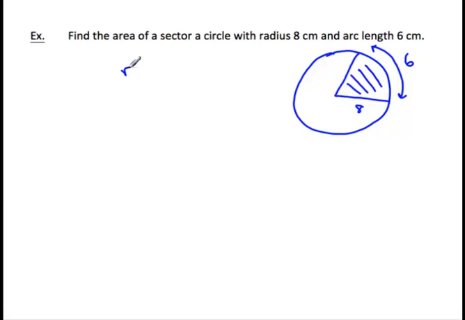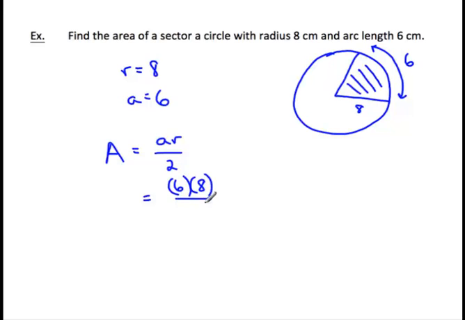So we know that r is equal to 8 and a is equal to 6. And we have our equation which states that the area of the sector is equal to the arc length times the radius divided by 2, and we simply plug our numbers in. We get 6 times 8 divided by 2 is equal to 24, and because it's an area, it's going to be centimeters squared.